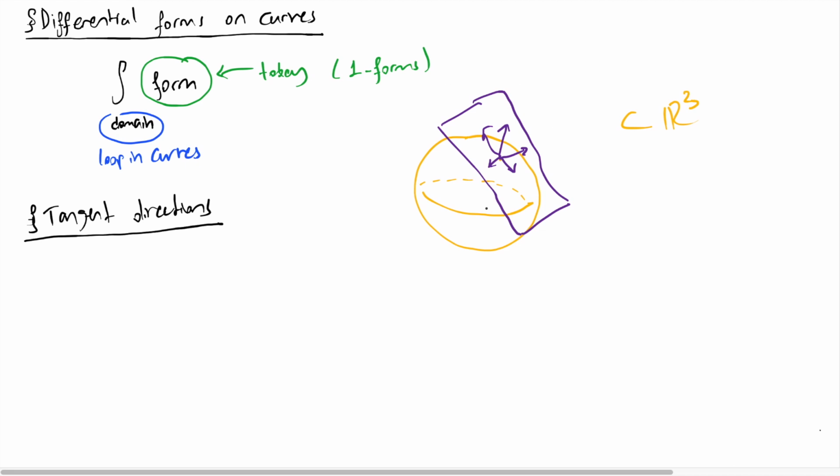This intuition that you learn at the beginning of calculus also has a more intrinsic interpretation. You say that a tangent vector at a point P on your manifold is something that differentiates functions.